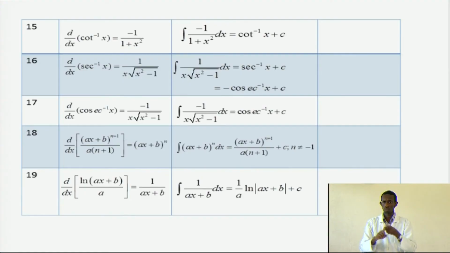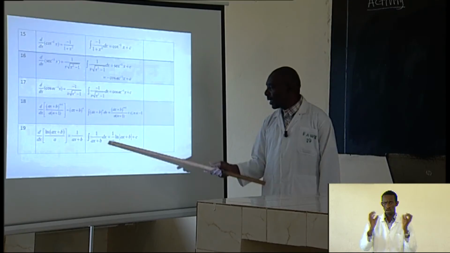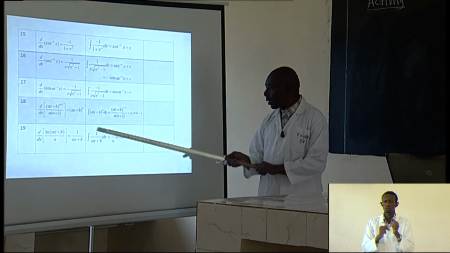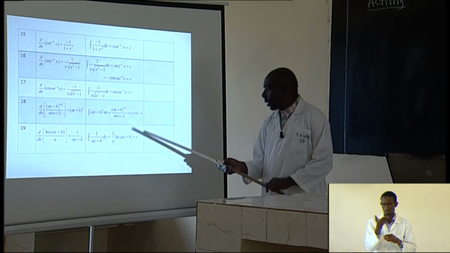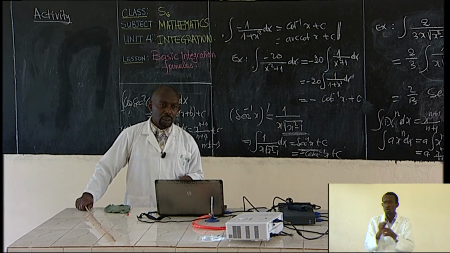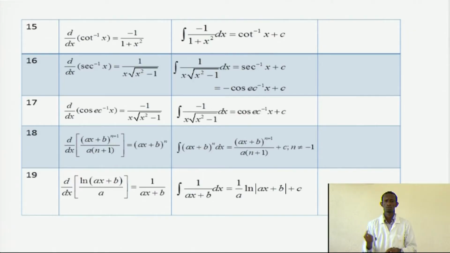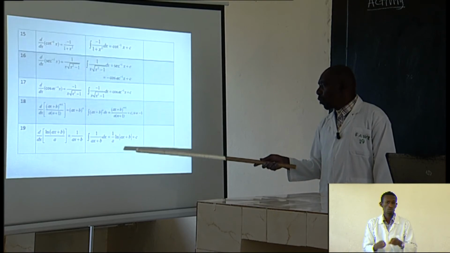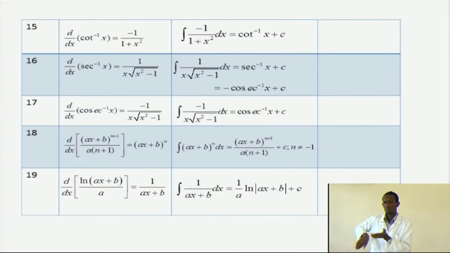This means that the integral of 1 over ax plus b dx is equal to 1 over a, 1 over a is still there, ln of the absolute value of ax plus b plus c. Remember why we add these absolute values. It is because the ln function is defined for positive numbers only. That's why we have to add this absolute value sign. In the case we recognize the expression is positive, you can remove the absolute value sign.